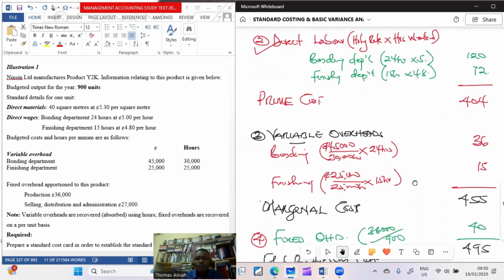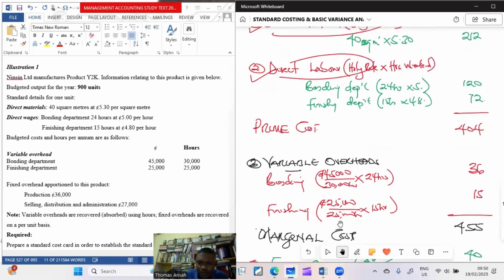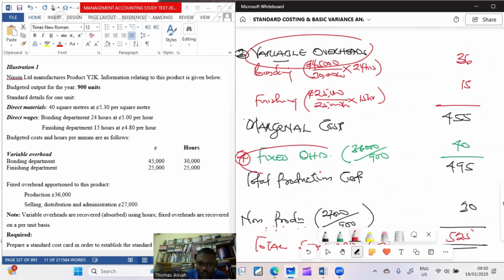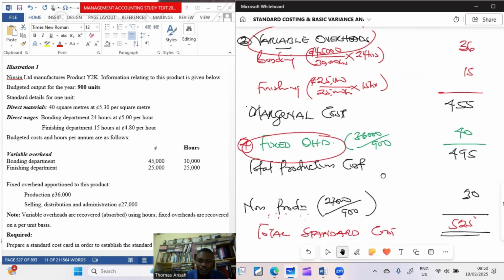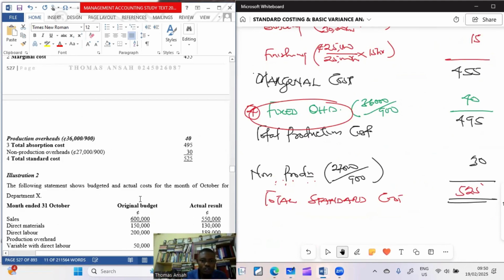So what we are going to do now is to learn how to calculate the basic variance for this, basic variance for this, basic variance for this also. All right, so that is how we introduce to you variances.